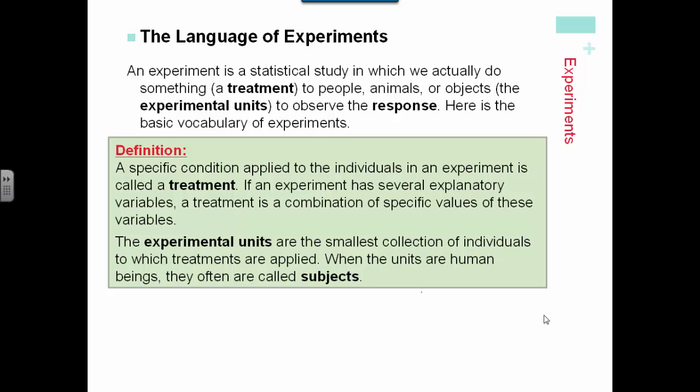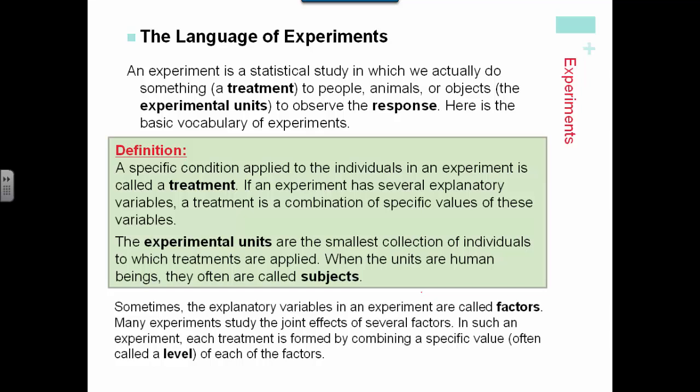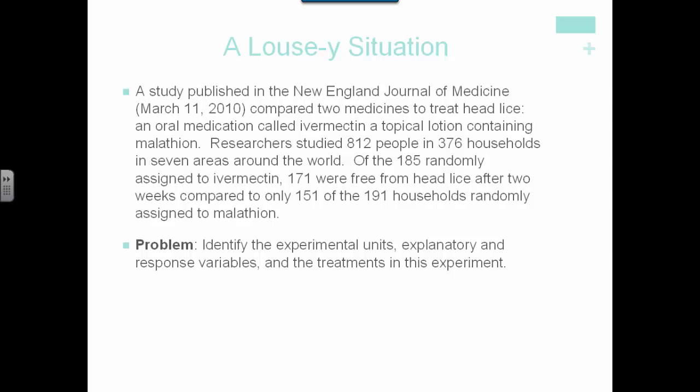The experimental units are the smallest collection of individuals to which treatments are applied. When the units are human beings, they're often called subjects. Sometimes explanatory variables in an experiment are called factors. Many experiments study the joint effects of several factors. In such an experiment, each treatment is formed by combining a specific value of each of the factors. Often these are called levels.